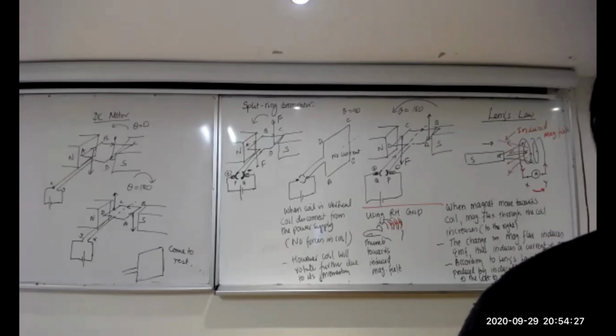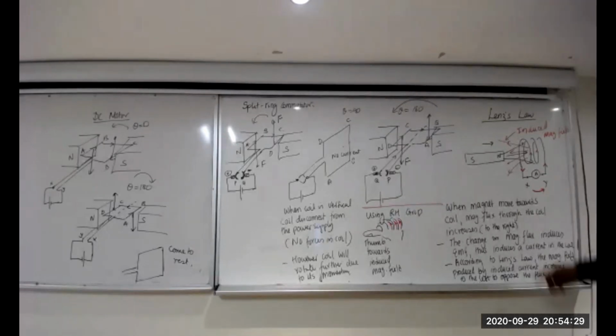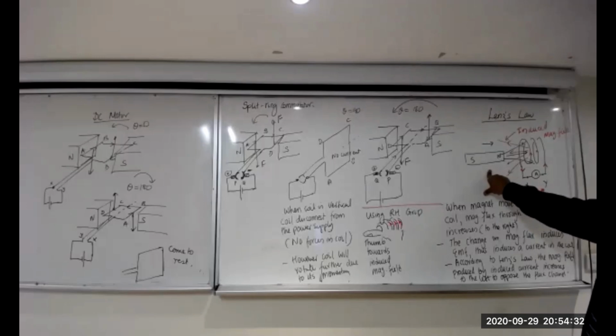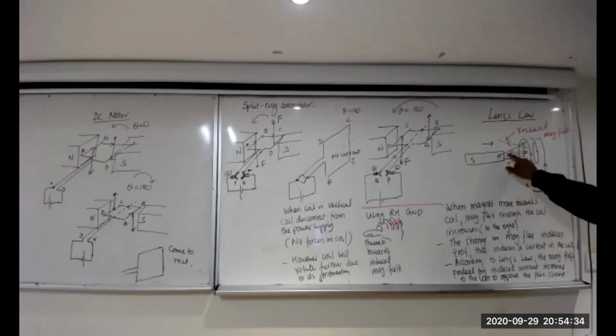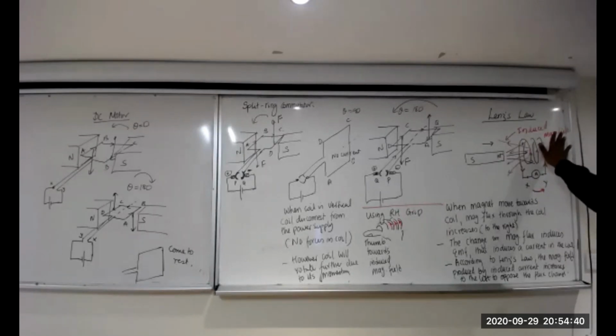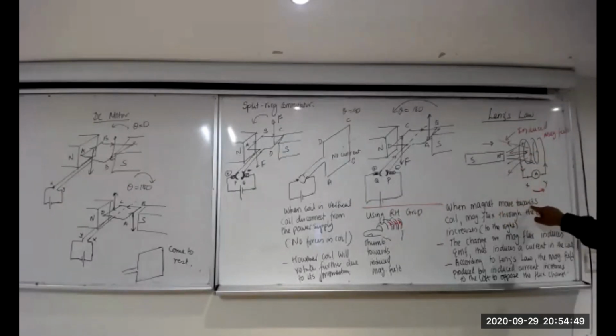Can you explain that? Okay, so I'm moving the magnet towards the coil. Therefore, remember the vector direction of the magnetic field in front of the bar magnet is to the right. So the strength of the magnetic field is increasing in the coil. When the magnet moves towards the coil, magnetic flux through the coil is increasing.